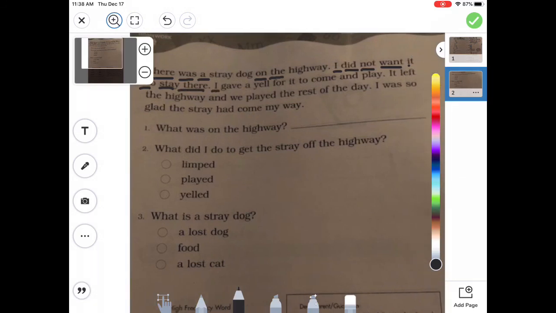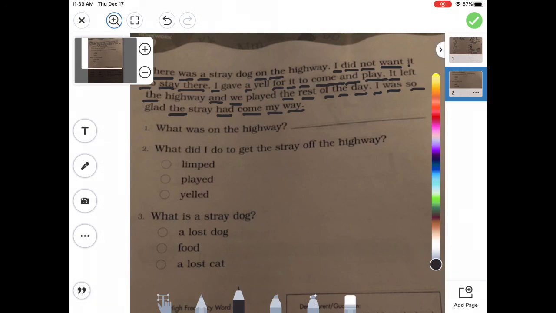I gave a yell for it to come and play. Lots of sight words. It left the highway, and we played the rest of the day. I was so glad the stray had come my way. Lots of sight words in that one, okay?